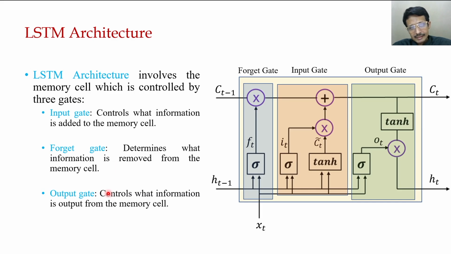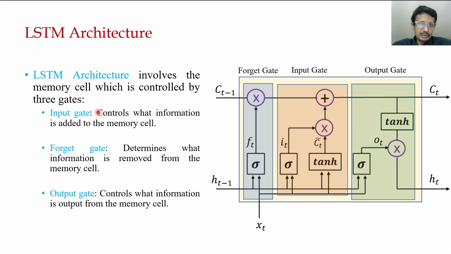Now the final one is the output gate. It controls what information is output from the memory cell. So this is the output gate, and it basically controls the information which is output as h(t).